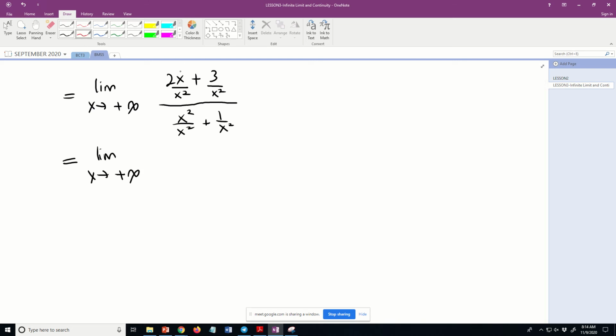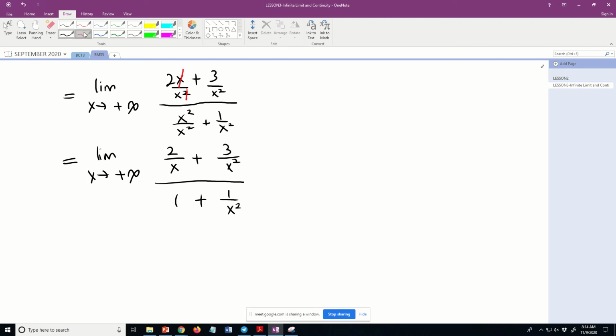Okay, so this can be cancelled, leaving x at the bottom. Okay, this will give 2 over x plus 3 over x square, over 1 plus 1 over x square. This is what I get.